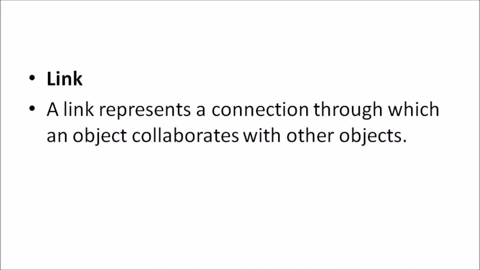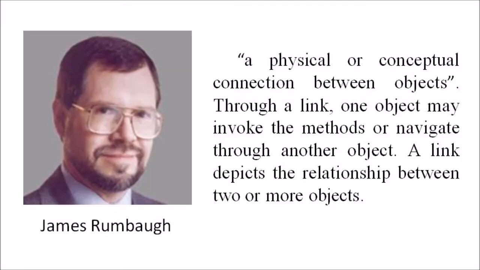The next term is link. A link represents a connection through which an object collaborates with other objects. Rumbaugh has defined it as a physical or conceptual connection between objects. Through a link, one object may invoke the method or navigate through another object.